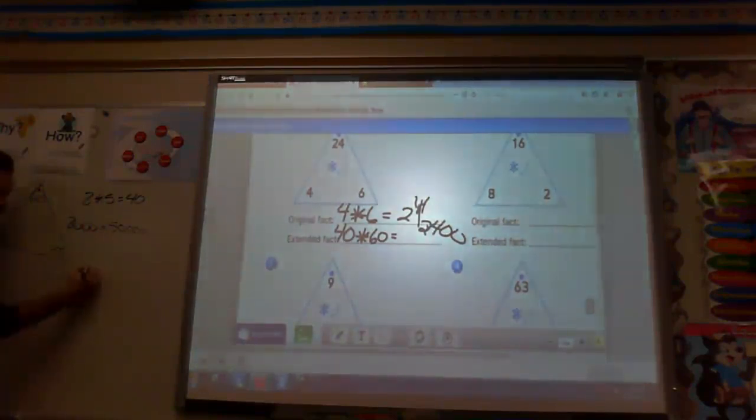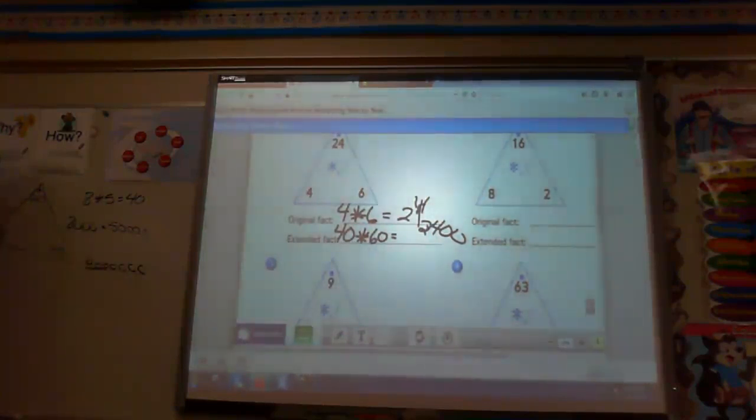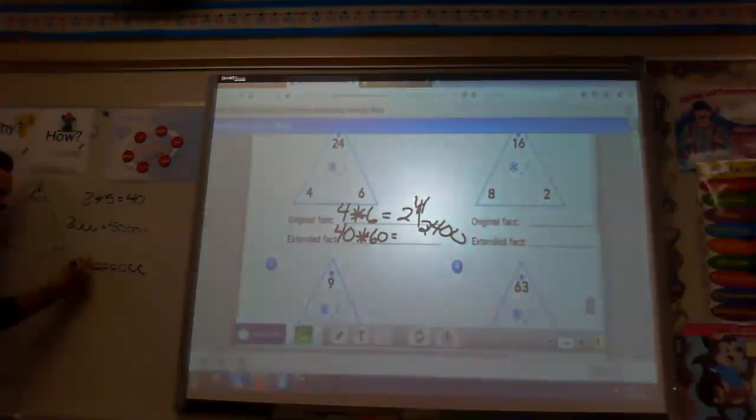I'm actually going to write my answer down here. We're at another one. And here's what kids do when they have the zeros first. 8 times 5 is 40. Then I should only have 6 zeros. That's what kids do. Even if they do it right, this is what they do.